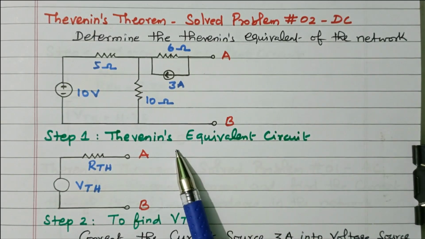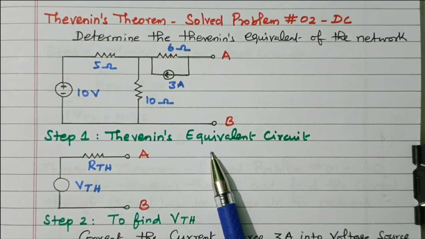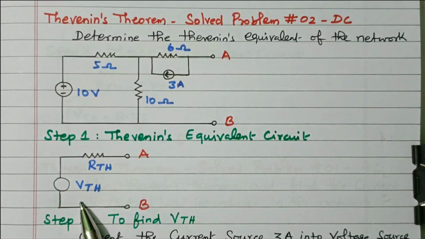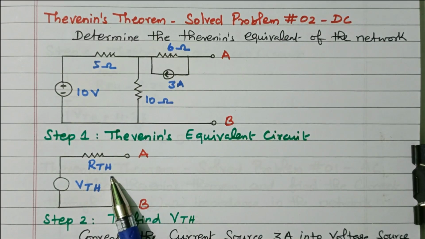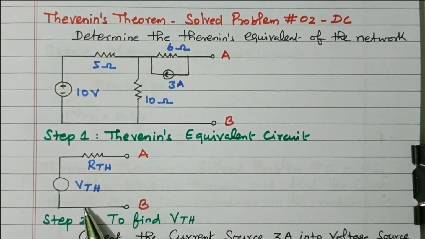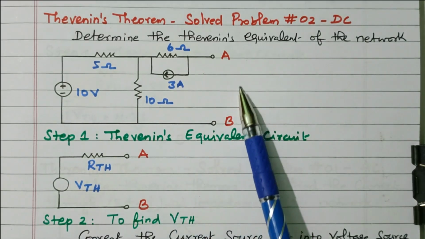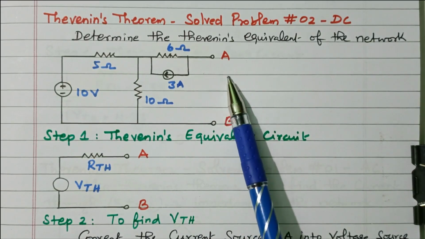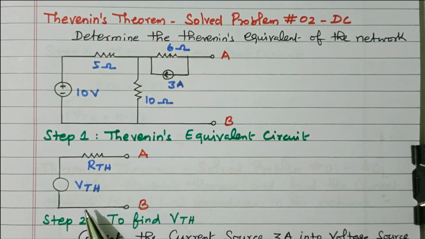So step 1 is the Thevenin equivalent circuit. What is Thevenin equivalent circuit? V Thevenin connected in series with R Thevenin is nothing but the Thevenin equivalent circuit with the terminal AB. V Thevenin is nothing but the open circuit voltage. The terminal AB is kept open and the voltage across AB is V Thevenin.